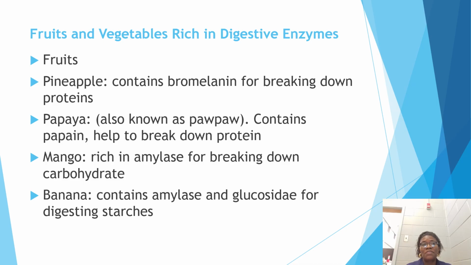Most of these fruits and vegetables that are rich in digestive enzymes boost the process of digestion when we consume them, because they increase the digestive enzymes in the body.